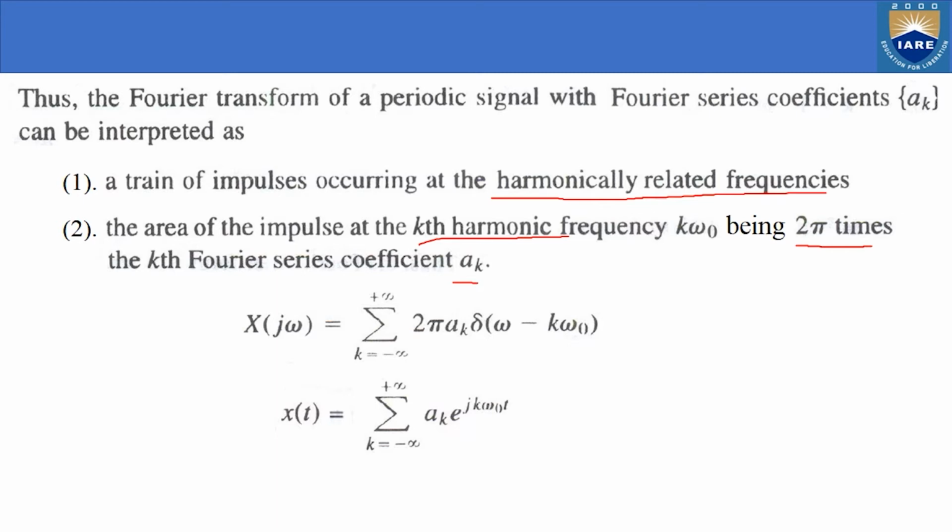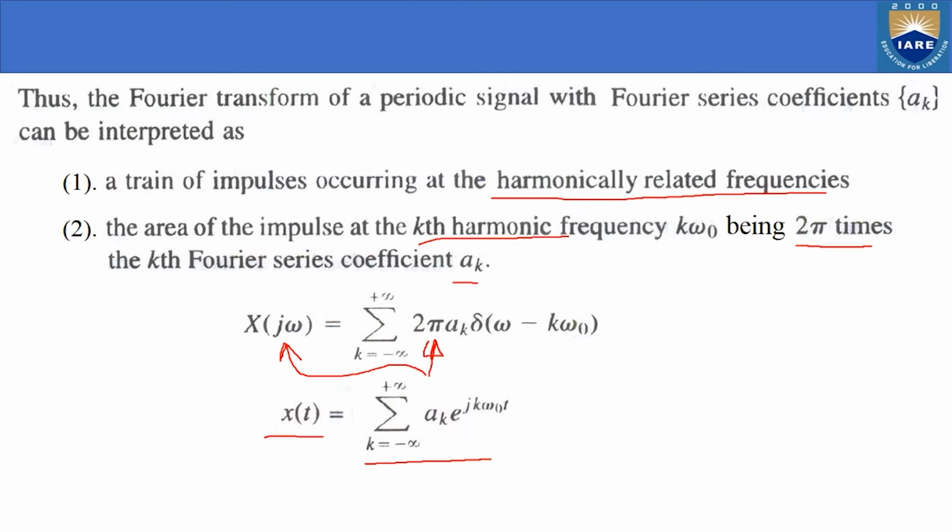So if I take an x of t periodic signal, if I know the Fourier series for that one, I can find the Fourier transform for this. How do I get the Fourier transform of this? From the Fourier coefficients. So what I have to do?